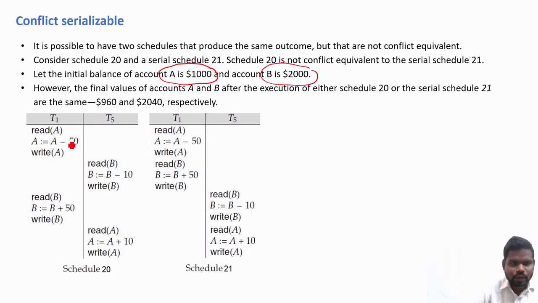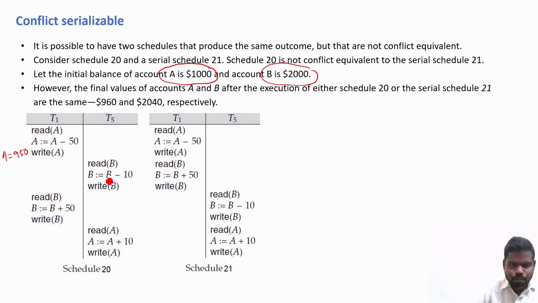Here A is equal to A minus 50, so A is equal to 1000 minus 50, which is 950. Now come to read B. So B is equal to 2000.